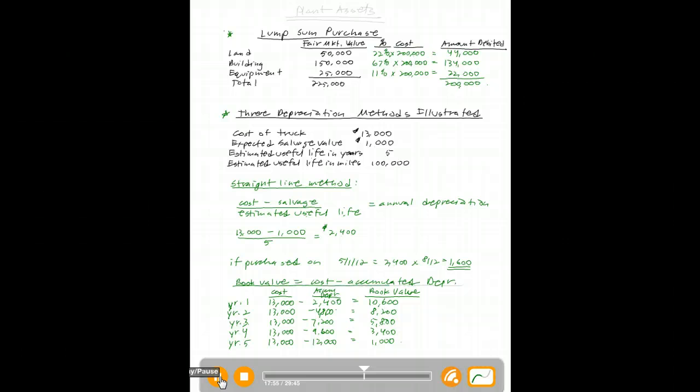So we're going to take our book value at end of year 3, which is 5,800, minus our salvage value.